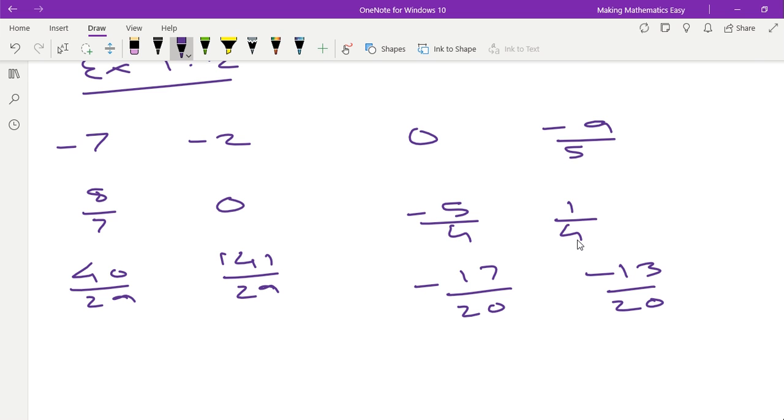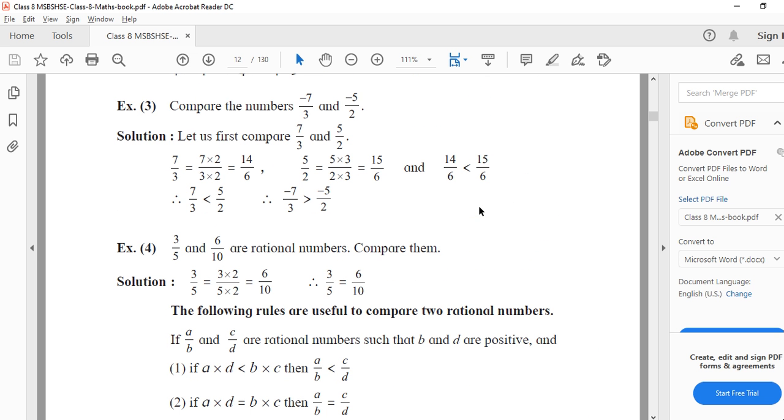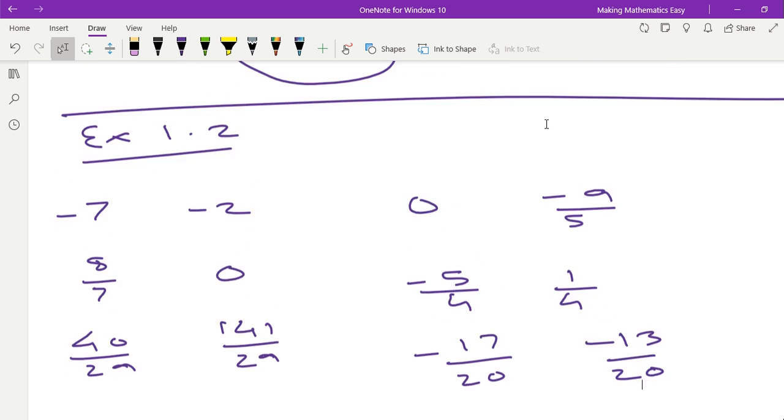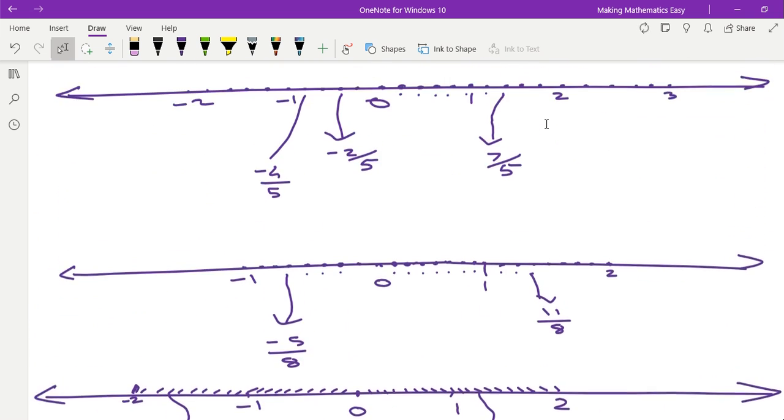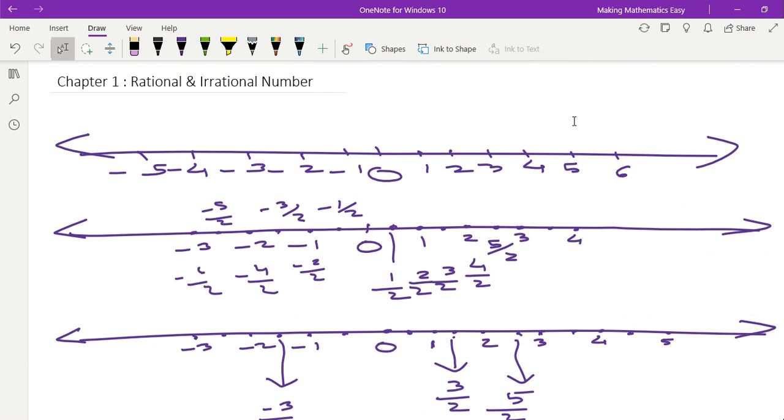Now let us first understand. Let us go back to the number line once. The first number line, which was this one. You see this is the origin 0, 1, 2, 3, 4, 5, 6, and -1, -2, -3, -4, -5. If you have to compare two numbers, you should be able to identify where that number would lie on the number line.